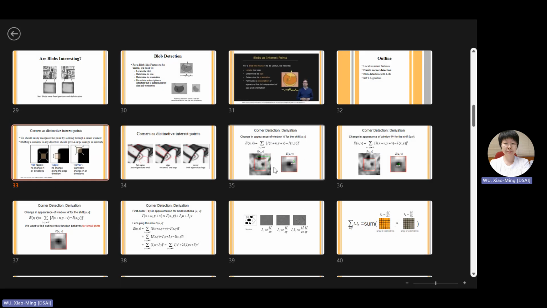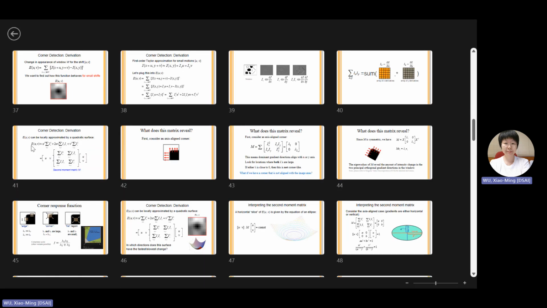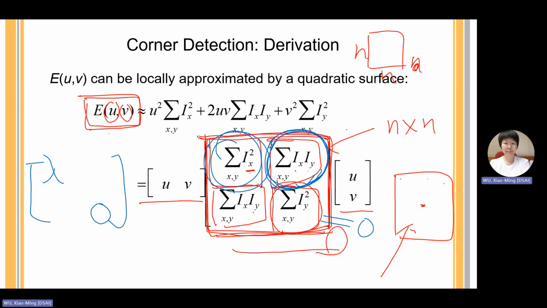However, since all the Iy are 0, this term is 0 because all Iy are 0. Clear? So this is the case for an edge pixel.